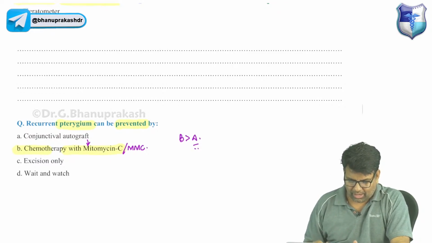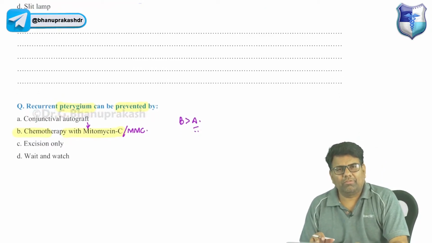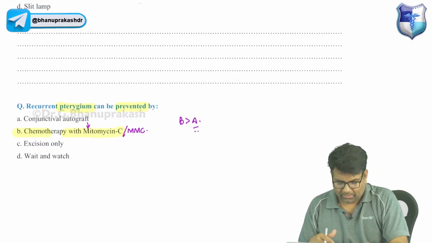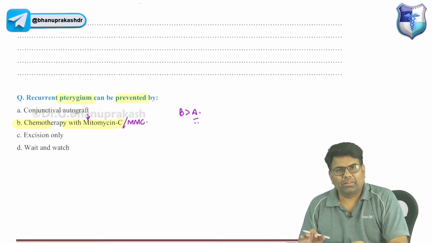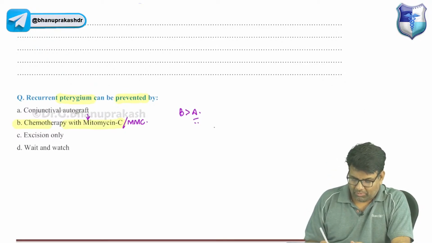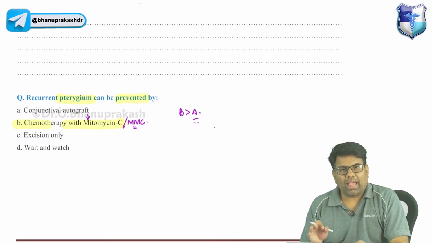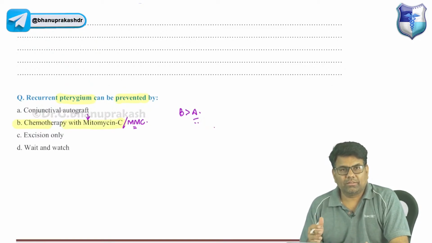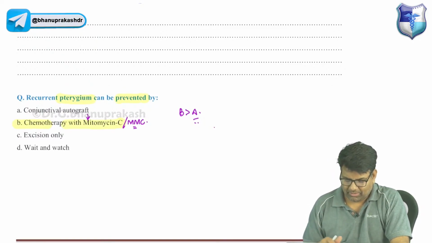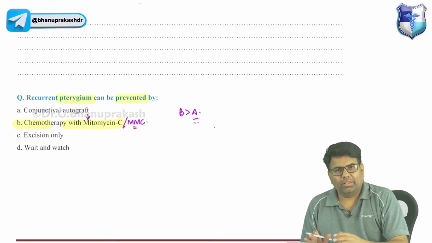So the ideal answer would have been conjunctival autograft plus mitomycin C. But in case both the options are different as given in this question, then I think B is slightly better, because mitomycin C is exclusively used in recurrent cases of pterygium, right? So based on this concept, I think B is better than A, although A can be right.